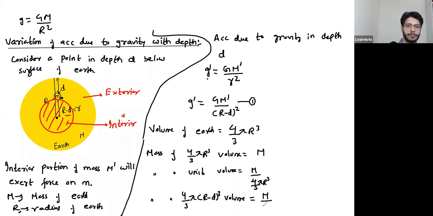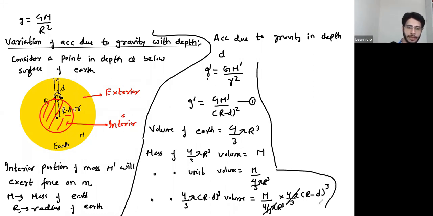That you can write as M by 4 by 3 pi R cube into 4 by 3 pi (R minus d) cube. 4 by 3 pi will cancel this 4 by 3 pi. And this is what we are calling M prime. The mass of this 4 by 3 pi (R minus d) cube volume is M prime. So M prime is M (R minus d) cube by R cube.